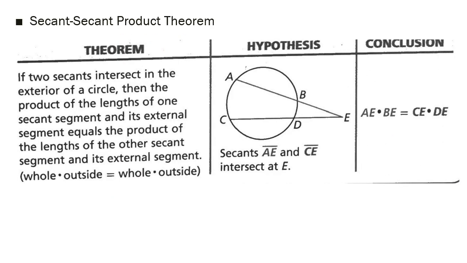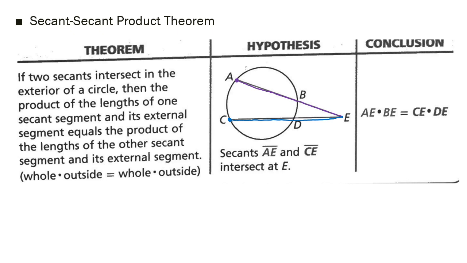Okay, so this is the secant-secant product theorem. This one basically says that if we have a secant, which is a segment that goes through the circle, hits it in two places, and then you have another one, like CE here, they're going to intersect somewhere sometimes.